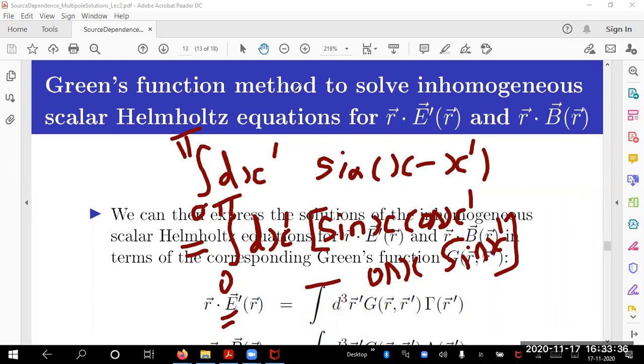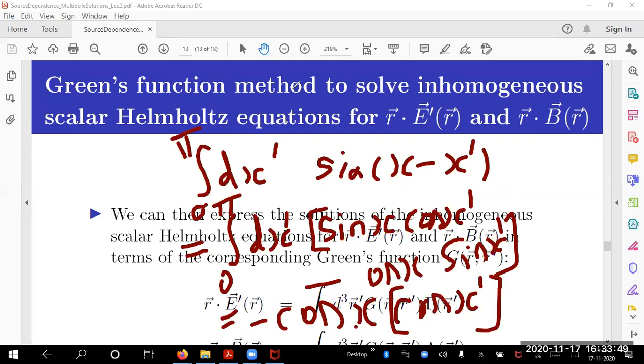Okay, let us do the next term. For cos x sin x prime, we get minus cos x prime between 0 and pi. Upper limit minus lower limit: cos pi minus cos 0.